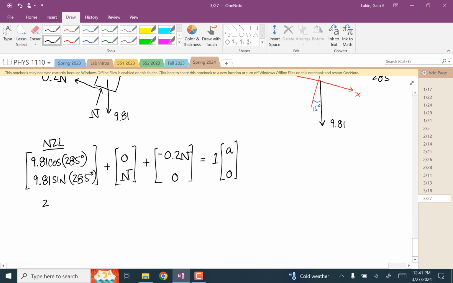So this is 2.54, negative 9.48, plus 0, N, plus negative 0.2N, 0, is equal to 1 times a_x, a_y.